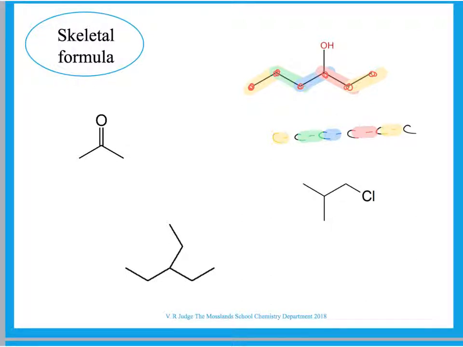There's my bonds. Okay. Now, coming off of one of the carbons, we have got another bond, but importantly, it doesn't go to a carbon. And we know it doesn't go to a carbon because we have got an atom on the end of it, a different atom. So as soon as a line goes to a different element, we know that there's no carbon there. It's going to come off this carbon atom here.